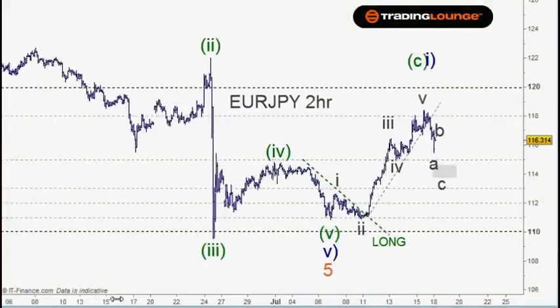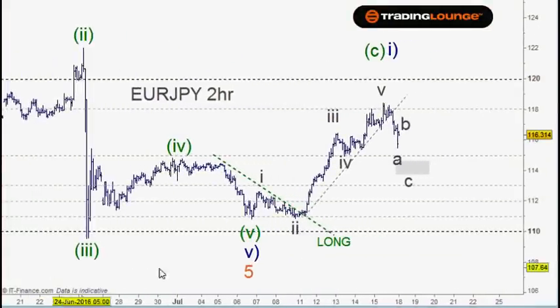So I'm just going to the 2-hour chart on that euro thing. Now you just have to be careful here, because it's the time to gather more evidence. I've got this labelled as 2, 3, 4 and 5, and I could be right or I could be wrong.